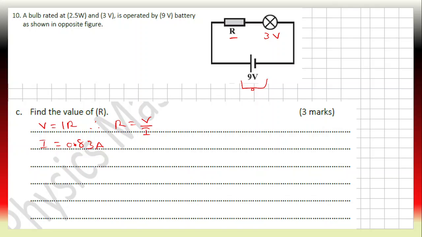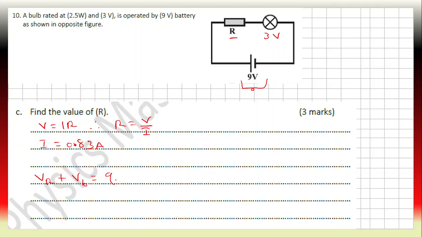So the voltage or the PD through R and this bulb should add up to this 9. So what do we mean? The voltage through R plus the voltage through the bulb, let me use B, should be equal to 9.